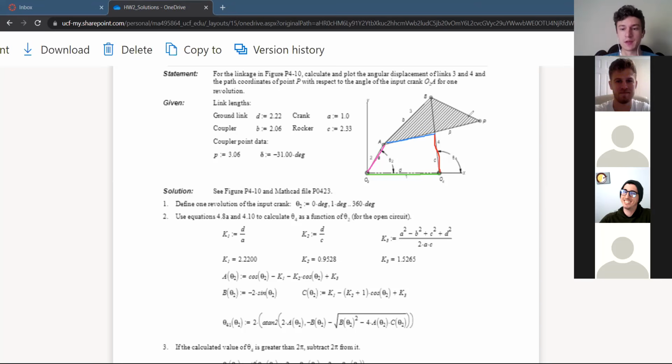If you want to draw it out geometrically, you can, if you can do the geometry for that. Otherwise, we're just going to ignore this coupler point P for now. Let's just focus on finding our theta values of just a regular 4-bar.